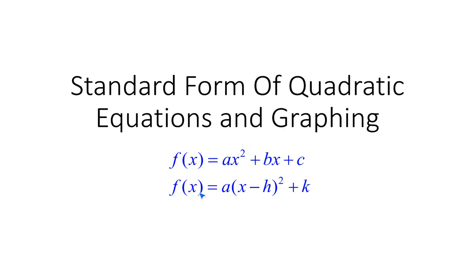Then there is the standard form, sometimes also called the vertex form, though our textbook calls it the standard form. It looks like f of x equals a times x minus h squared plus k. We're going to take a good look at going from the first form into the second form, and then look at different characteristics of the graph.